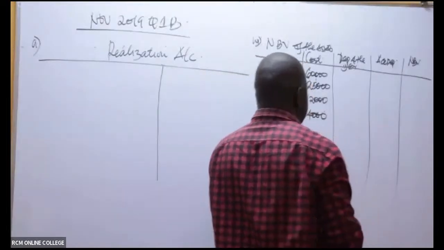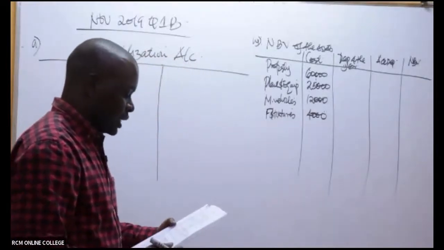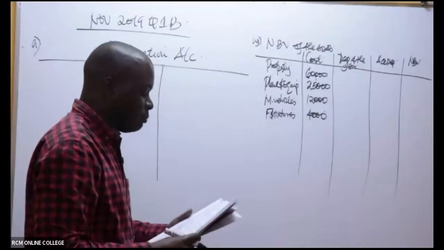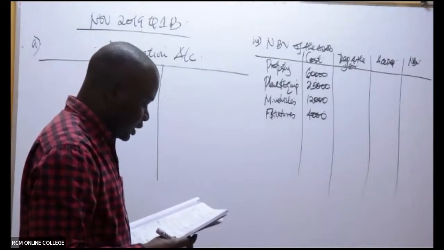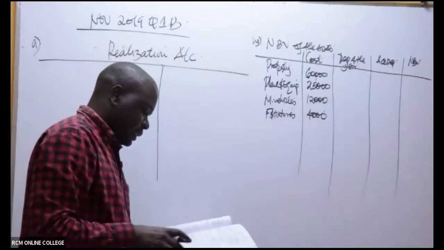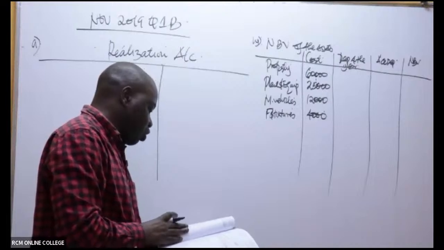Now we have to compute the depreciation for the year. We've been told the buildings, which is the property, they depreciate it at 2% of the cost.